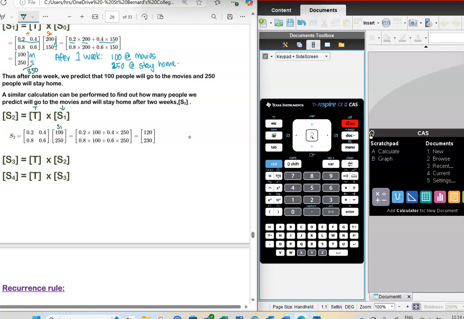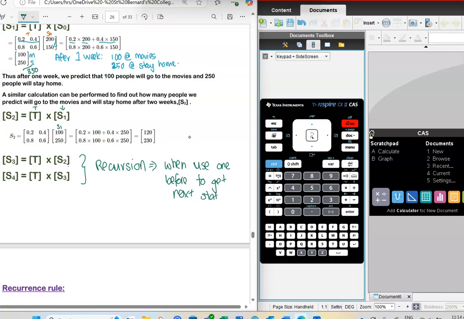So if we wanted to get S3, we use the S2 answer and so on. And this is what you call recursion. Recursion, this is what it means. It's when you use the one before to get the next one. Okay, that's what recursion means.